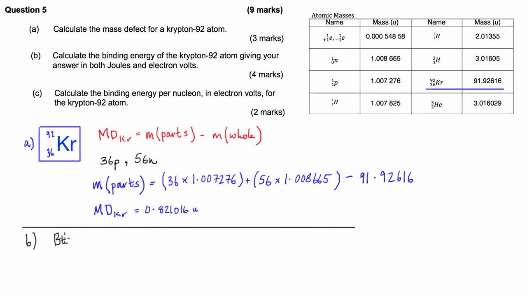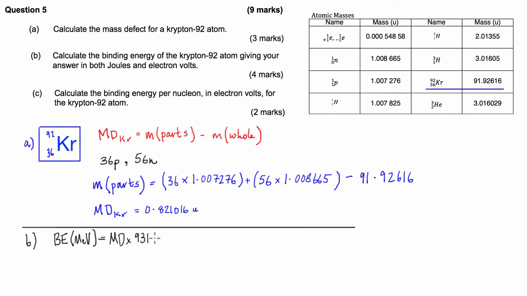So binding energy in mega electron volts is equal to our mass defect multiplied by 931. Now this 931, guys, is just a conversion factor from mass in atomic mass units to electron volts. So it's a handy little conversion to know.